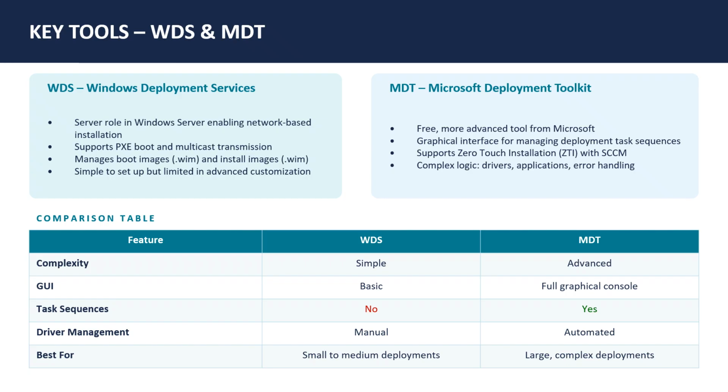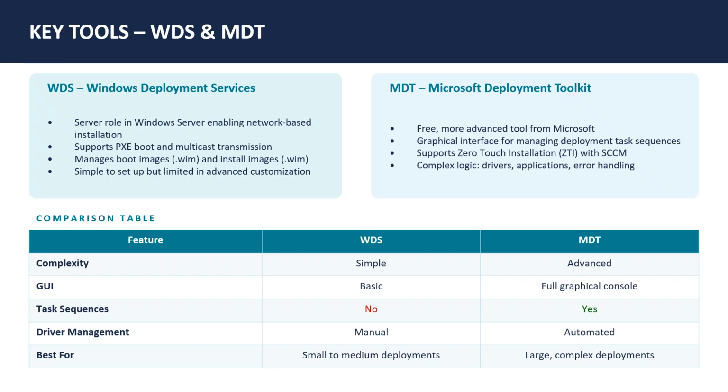For example, it can automatically install different drivers for different hardware models, install different applications based on the role of the machine, and handle errors gracefully. To summarize the comparison, WDS is simpler and best for small to medium deployments, while MDT is more powerful and better suited for large, complex enterprise environments.